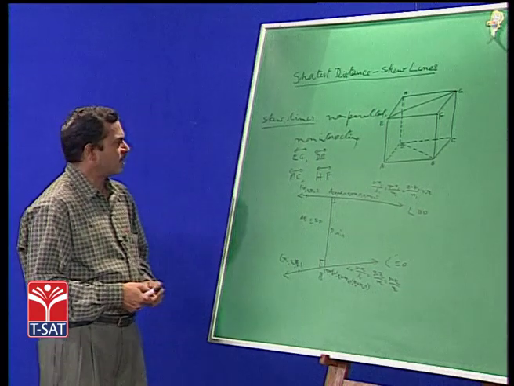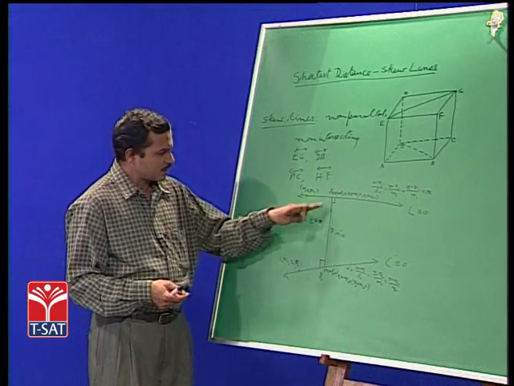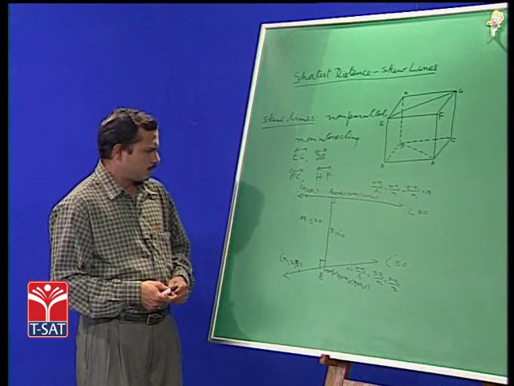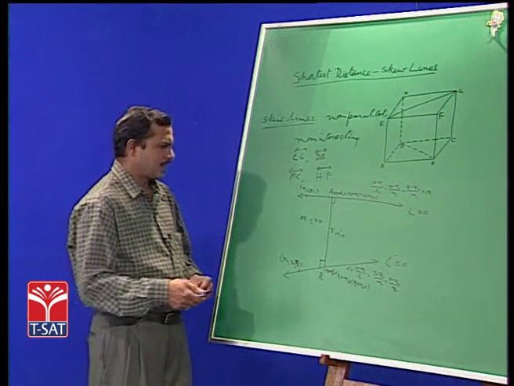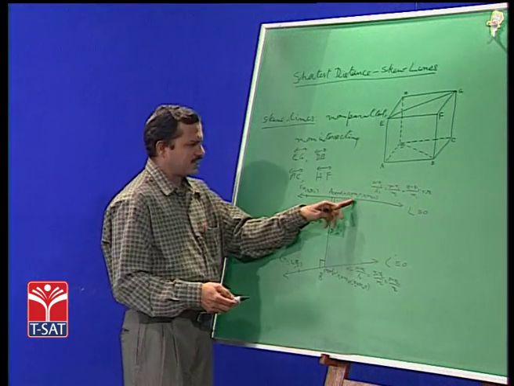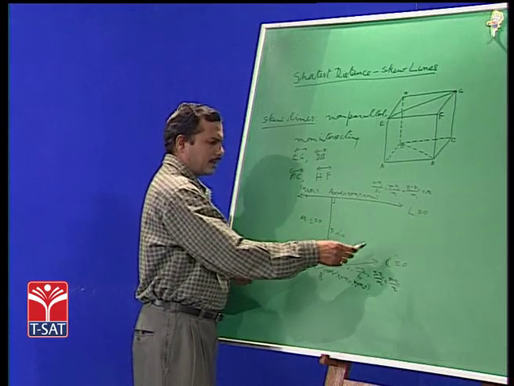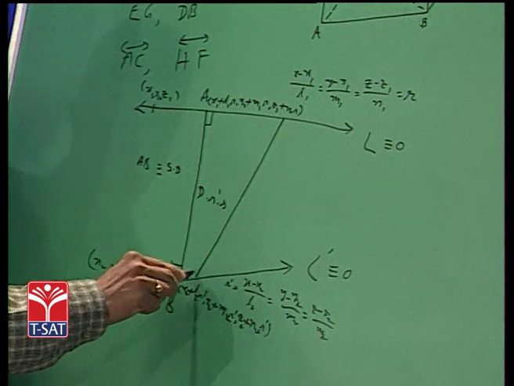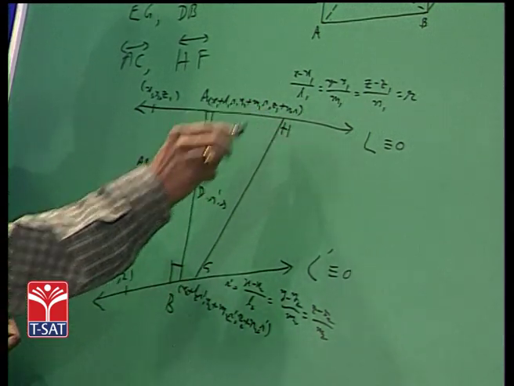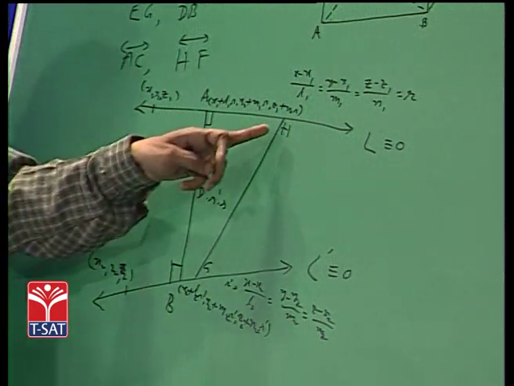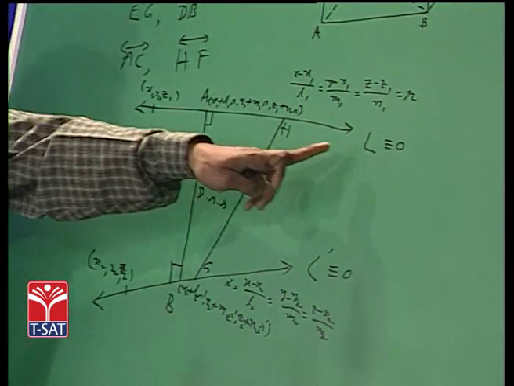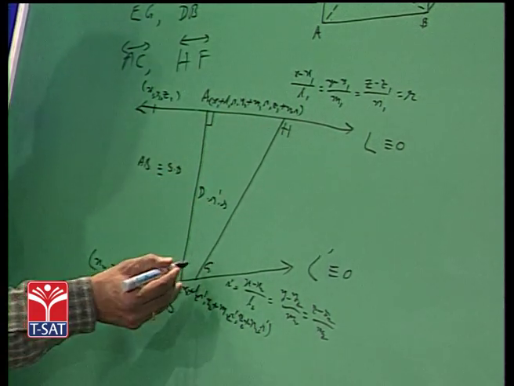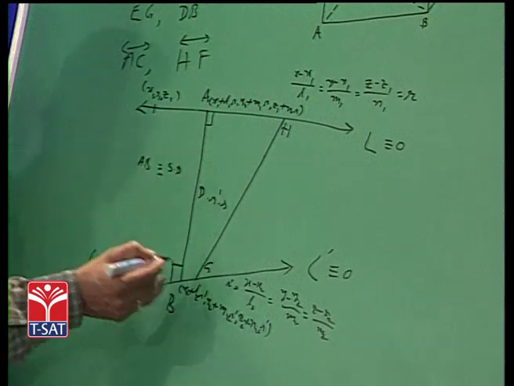Well, here we are saying that the line segment AB is forming the shortest distance. To clarify this, let us take another line segment between these two lines L equal to 0 and L dash equal to 0. Let us say we have a point G on line L dash equal to 0 and a point H on line L equal to 0, and say this line GH is making an angle theta with the line AB.